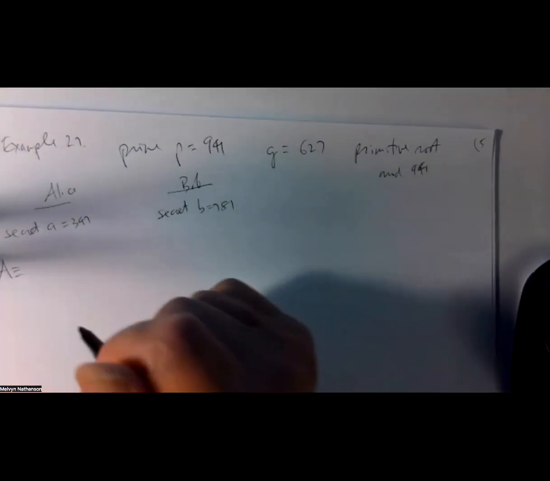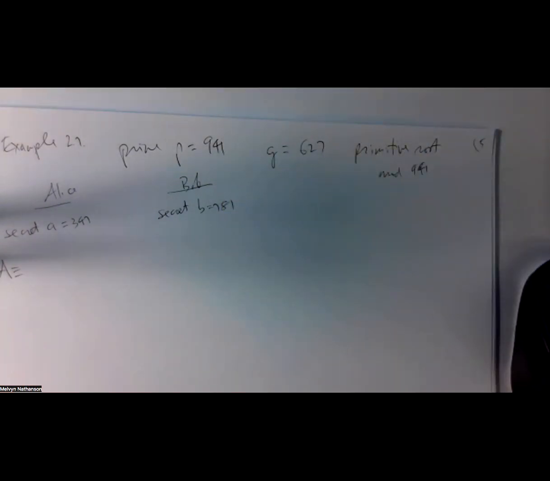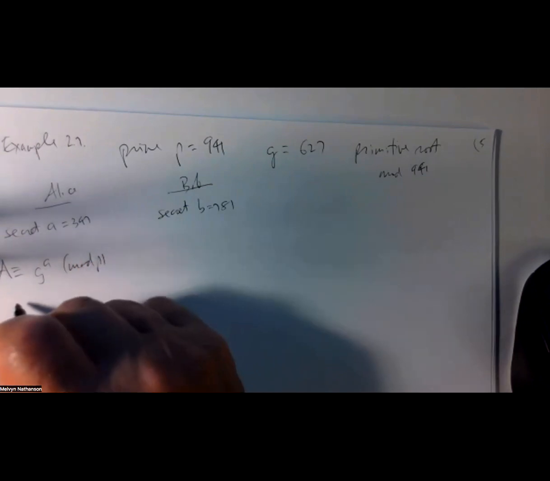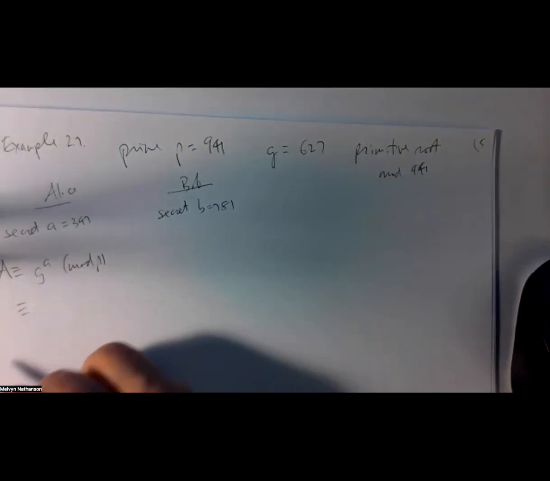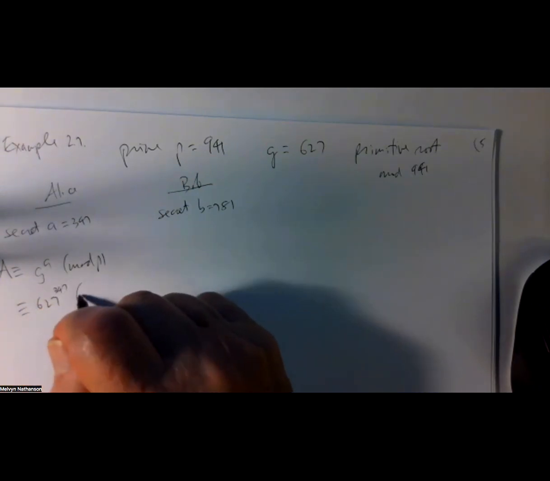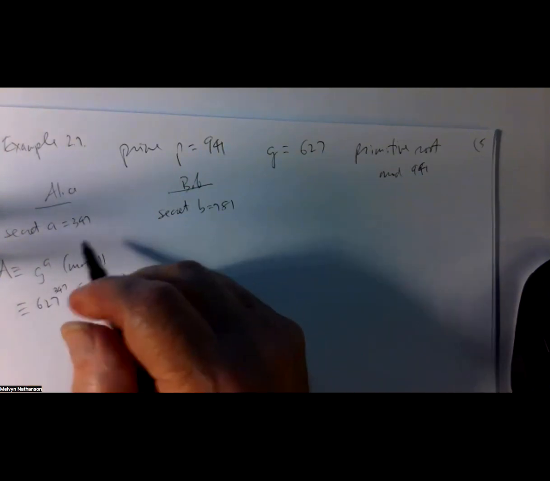A is going to be G to the a mod P, which is 627 raised to the power 347 modulo 941.